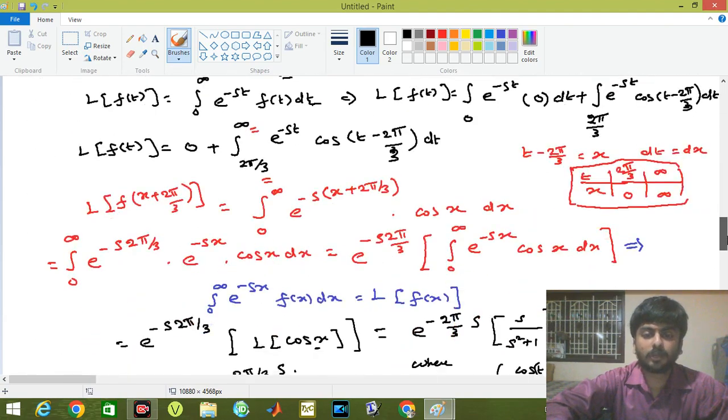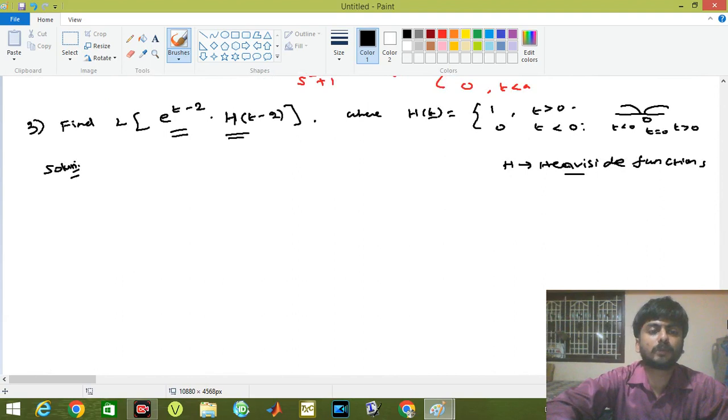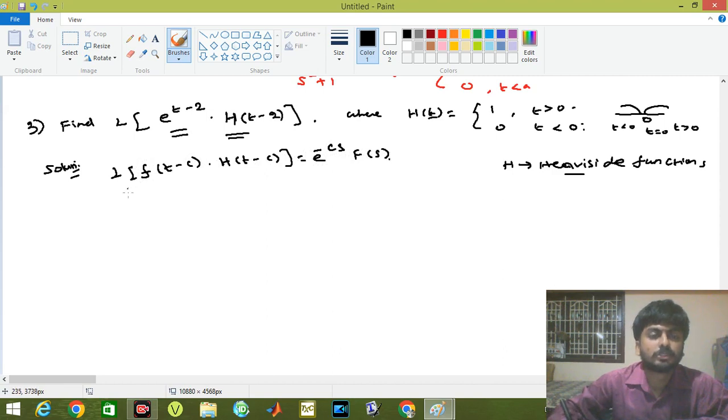I am going to tell you without using the ordinary method. I am going to use the property to solve this. So the solution is: here we are having the result L of f of t minus c into h of t minus c equal to e power of minus cs into f of s.